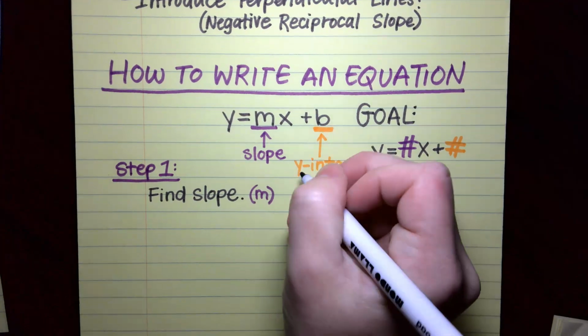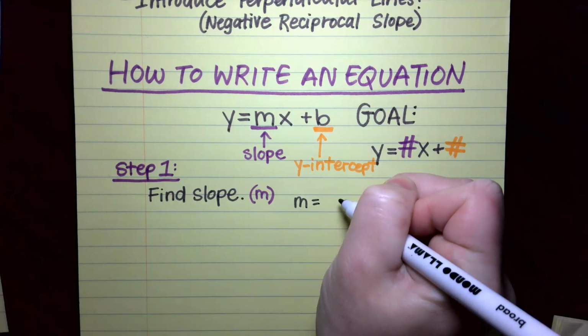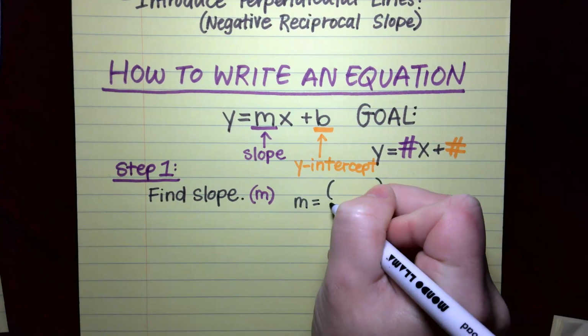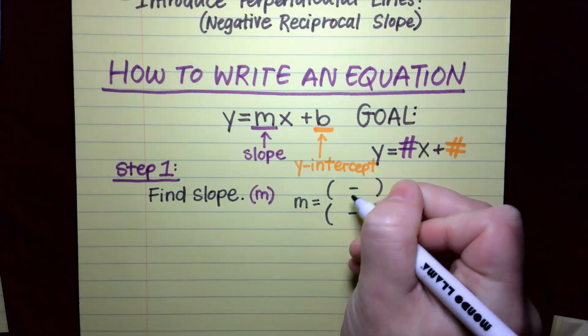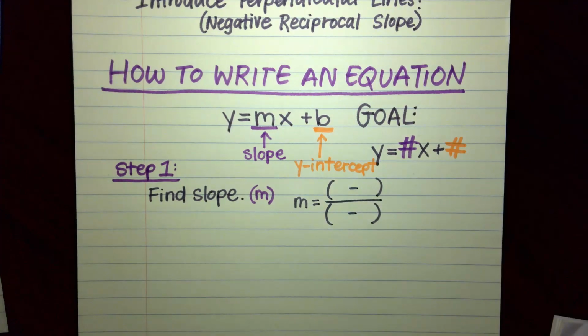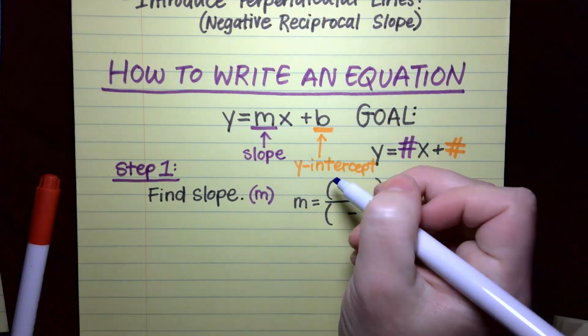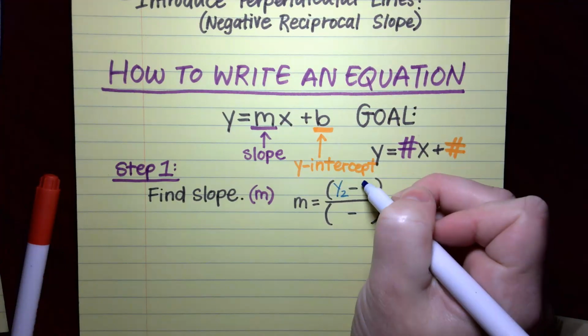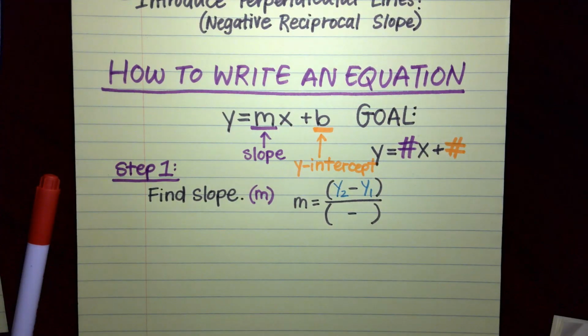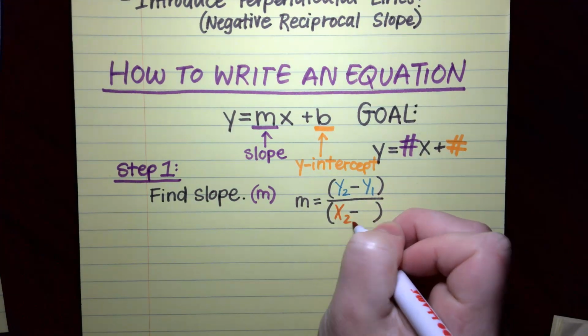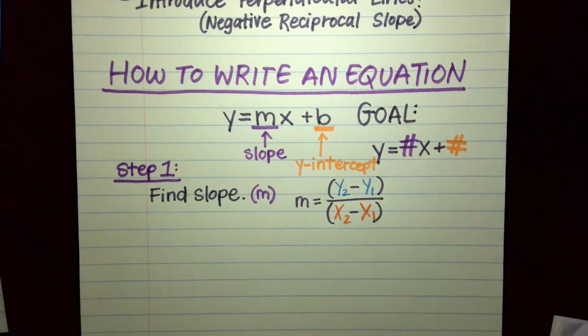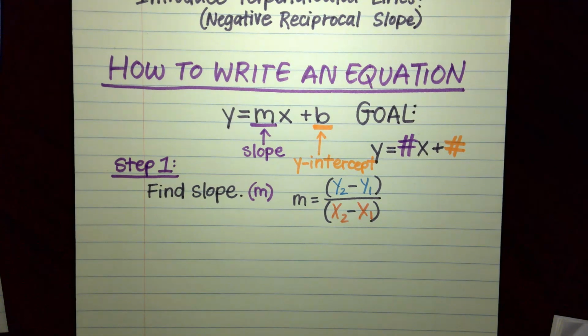That M equals y2 minus y1 over x2 minus x1. And that, I think I remember you always do like the second one first, the second coordinate.